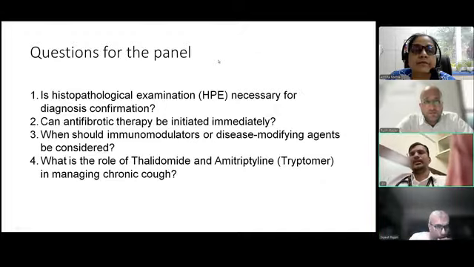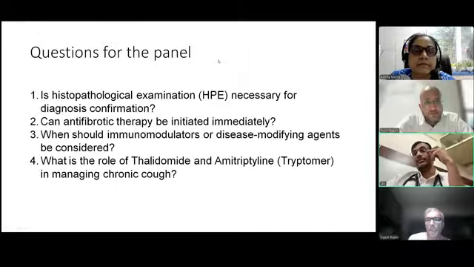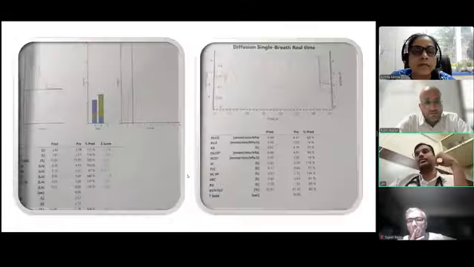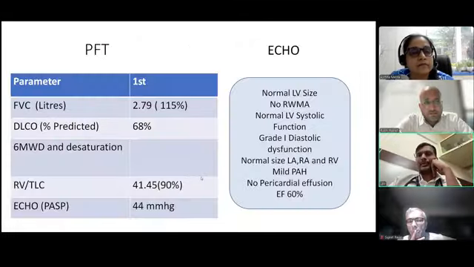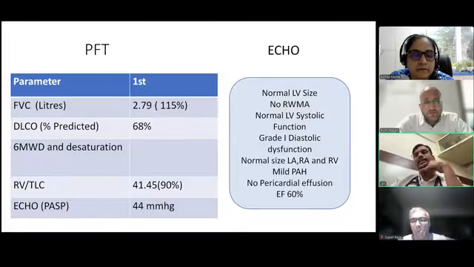I'm wondering whether we are dealing with something called CPFE in this patient, because FEV1 is preserved and DLCO is impaired. There is pulmonary hypertension, but even on CT there appear to be reasonably preserved lung volumes. Yes, FVC is 115% and DLCO is isolated decreased.